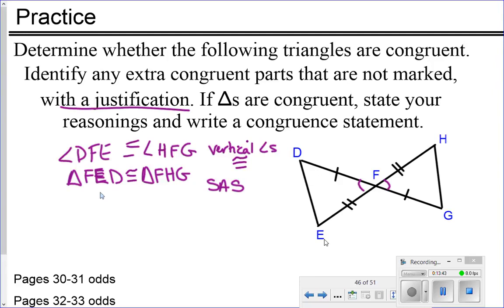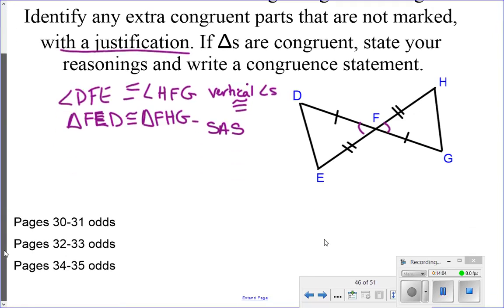Angle E is congruent to angle H. D and G are congruent. And segment FE is congruent to segment FH. Yep, that looks good. Okay, so we have it in the correct order. And my reason for saying that, again, is side, angle, side. Okay, so that takes care of our lesson for today on proving triangles are congruent.